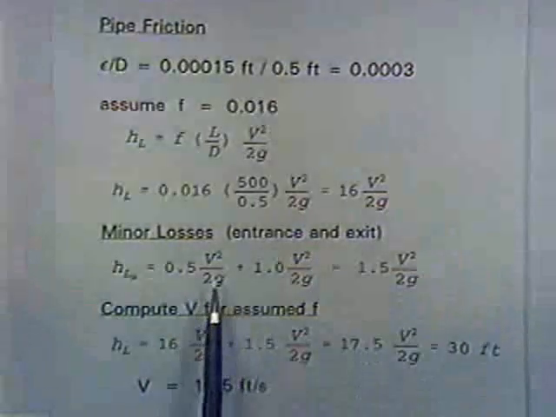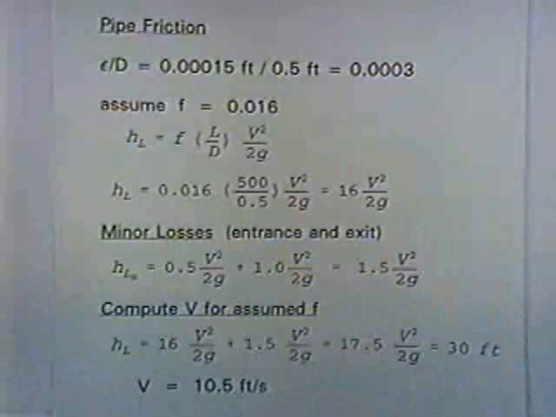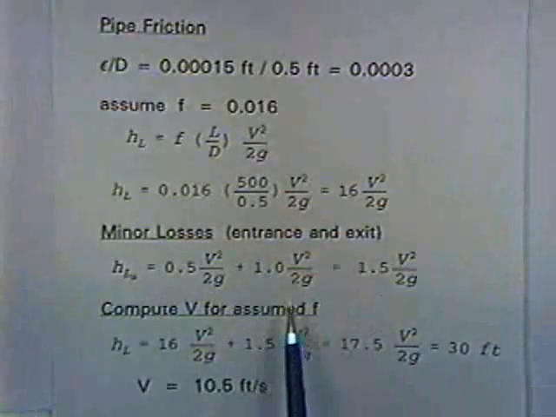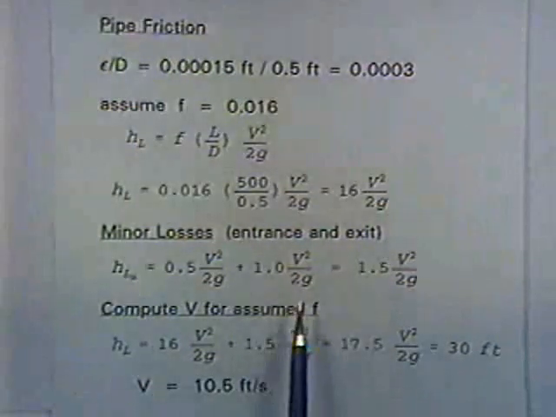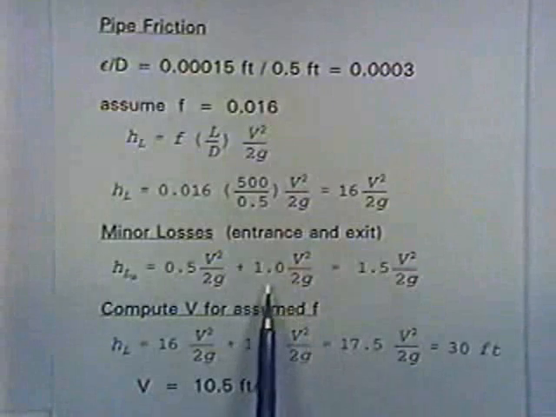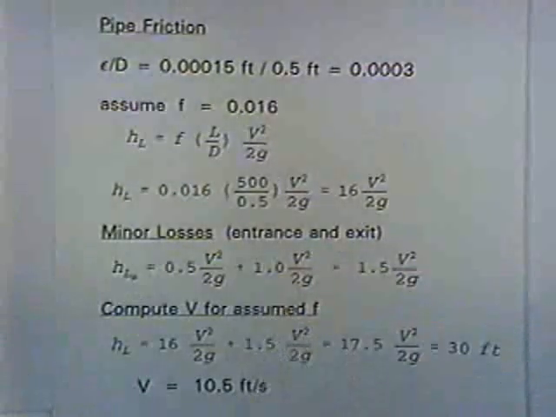There are additional head losses. We've got the entrance losses and the exit loss. And from the previous page, which I Xeroxed out of the reference manual, it says that for an exit, the head loss coefficient is 1. And you can sort of visualize that. If you think about a pipe emptying into a big reservoir, as the water flows into the reservoir, what proportion of the velocity head is lost?